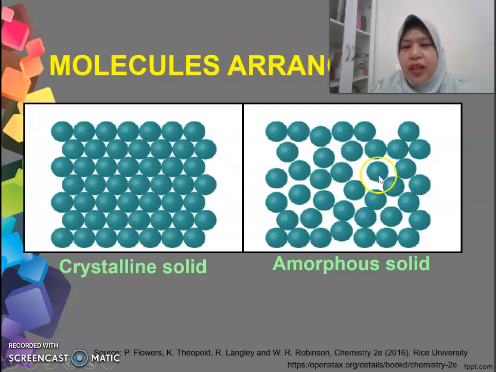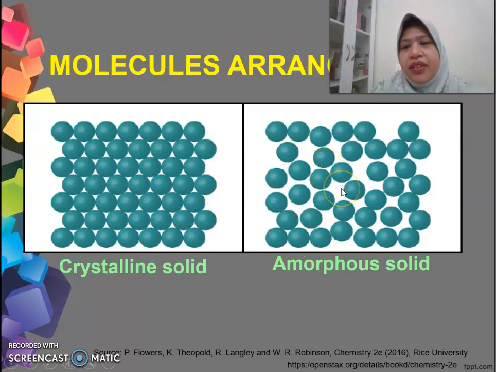While for amorphous solid, it is arranged randomly. And metal and ionic compounds typically will form ordered crystalline solids.